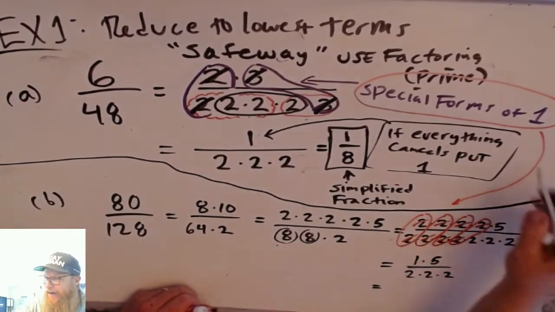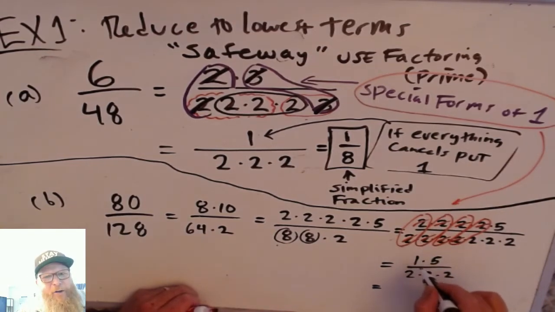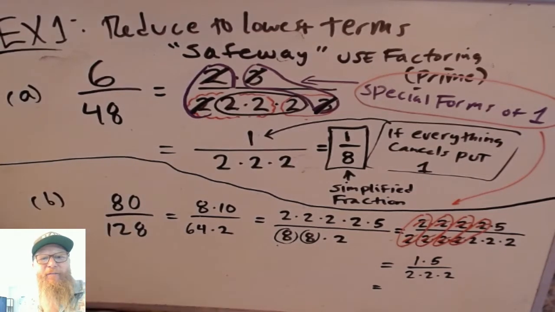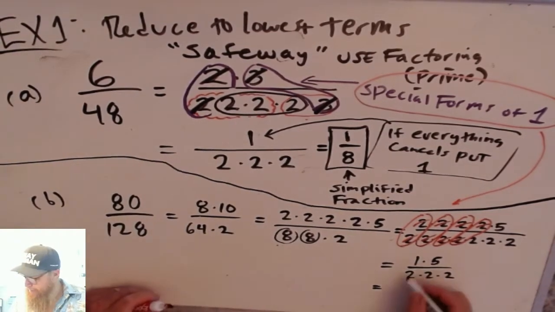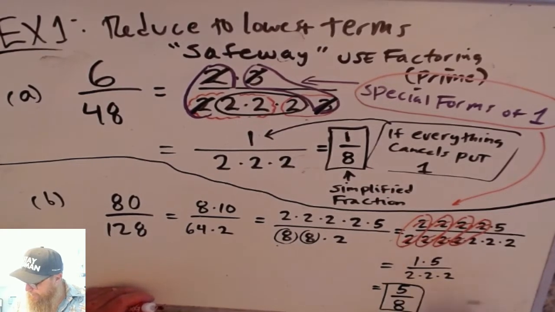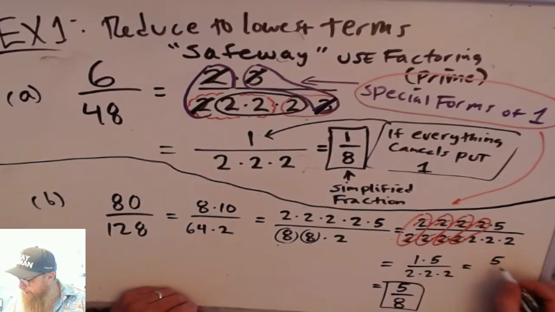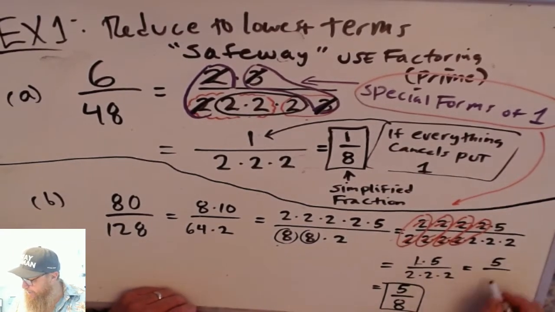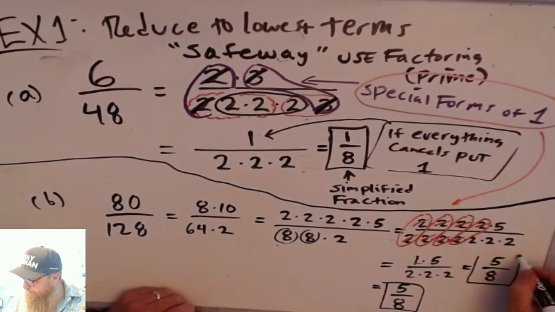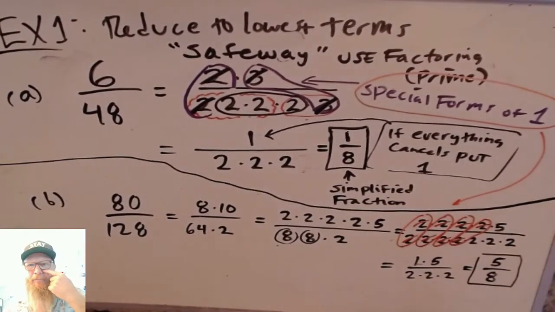If you still have a numerator, you don't need to put the 1 anymore, because we all know that 1 times 5 is just 5. So that's going to be 5 over 8. The numerator is 1 times 5, which is 5. The denominator is 2 times 2 times 2, which is 8.